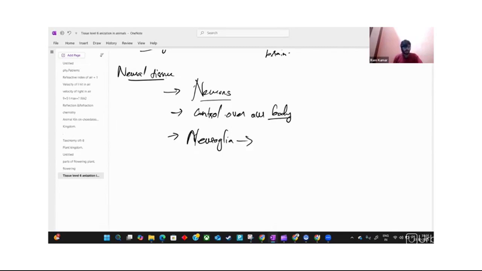These are the neuroglia tissues, which make up more than one half of the volume of the neural tissue in our body. So that's all about tissue organization in animals.